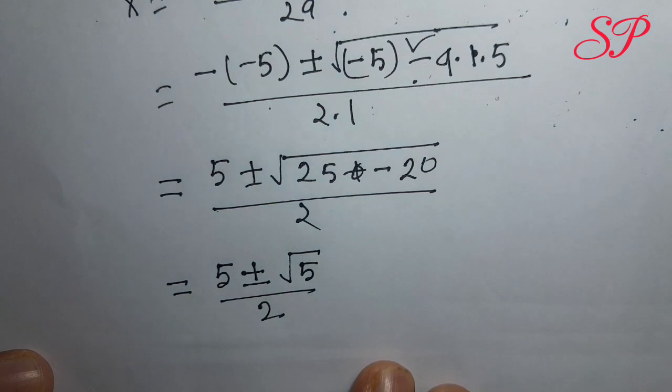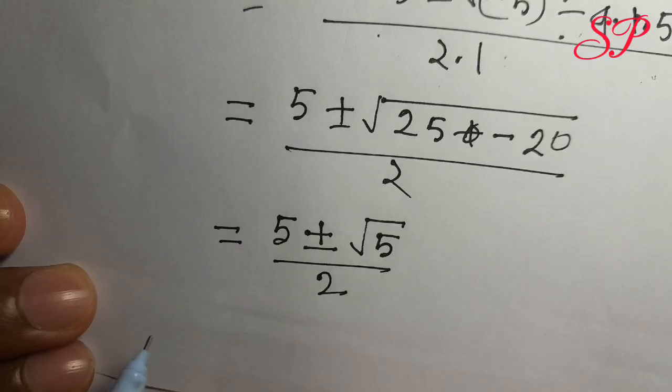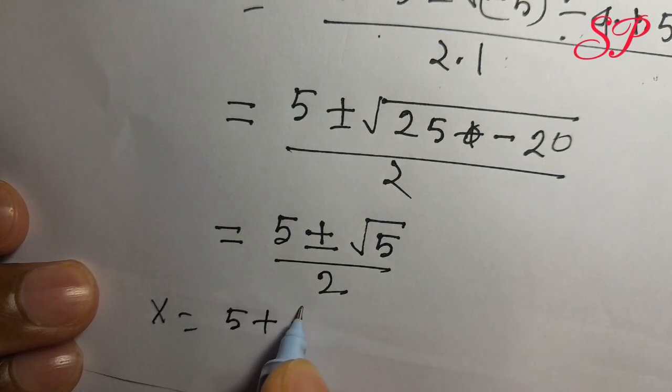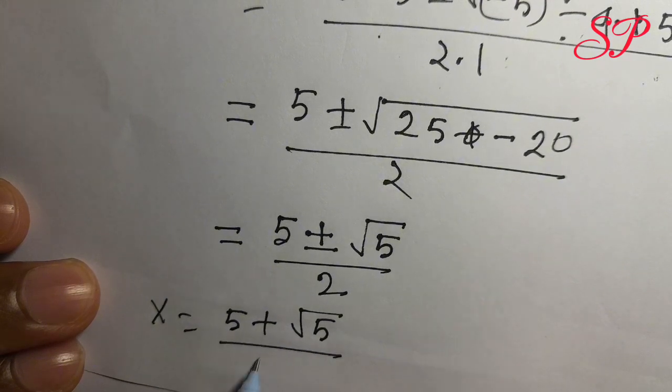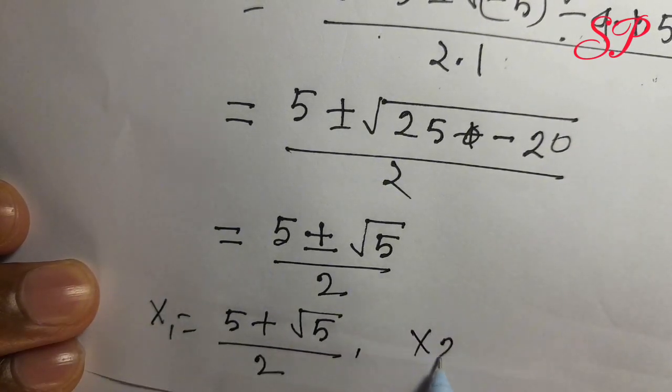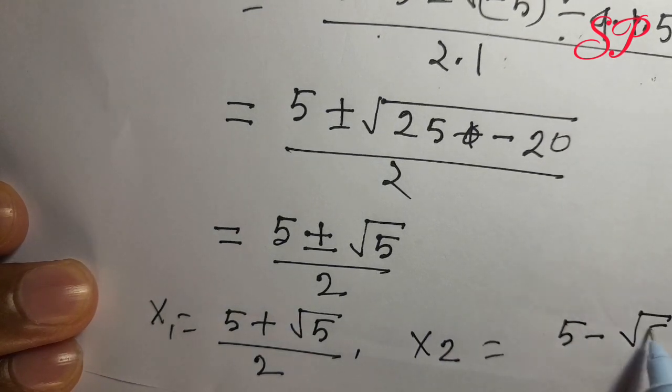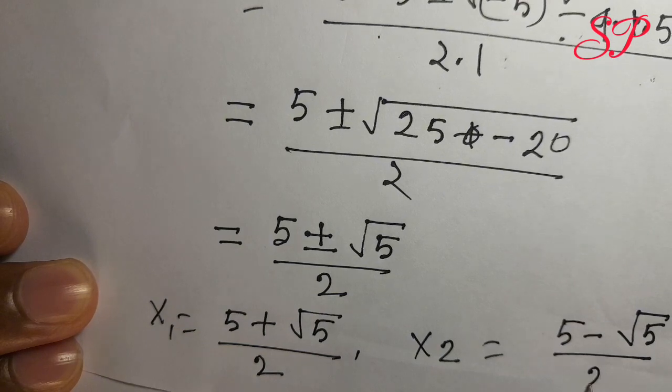Here we can write x1 is equal to 5 plus root 5 by 2 and x2 is equal to 5 minus root 5 by 2.